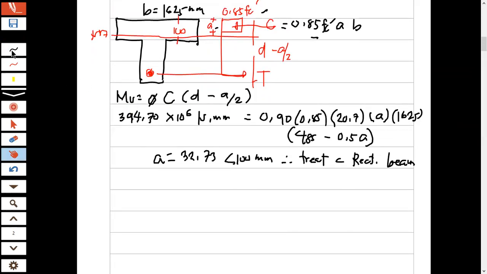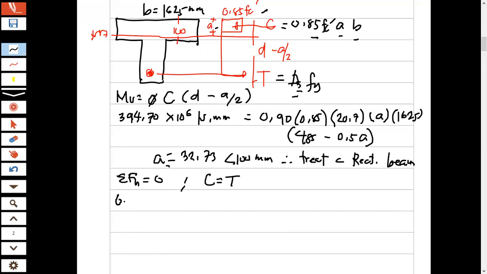From here, we take the summation of horizontal forces equal to 0. C is equal to T because we already have a, so this is complete. You have a, you have b, and T is equal to As fy. The question is to compute for As, and we can compute As now.